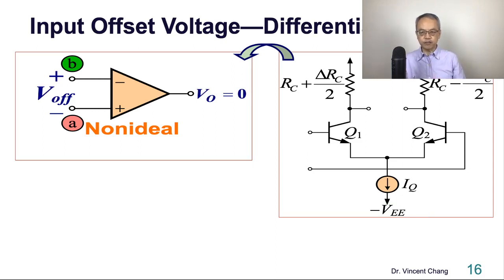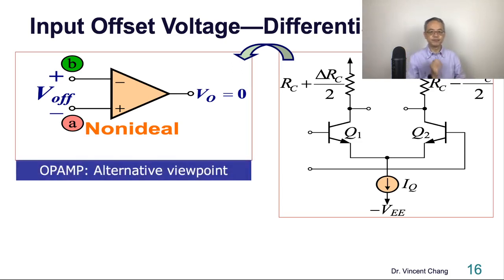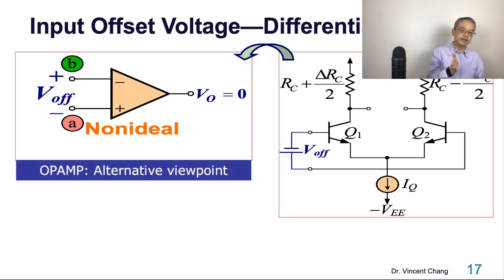Input offset voltage of the differential amplifier, an alternative perspective. The external perspective, from the lesson we learned from the operational amplifier, is this. When you apply an external voltage and watch VO, when VO goes down to 0, the external voltage is the input offset voltage. Same thing with the differential amplifier. When you apply, the reason I put the cathode on the top and the anode on the bottom is that I know this terminal is non-inverting.